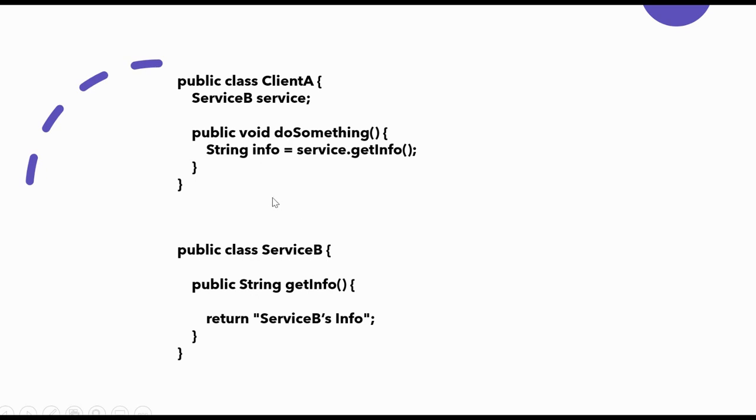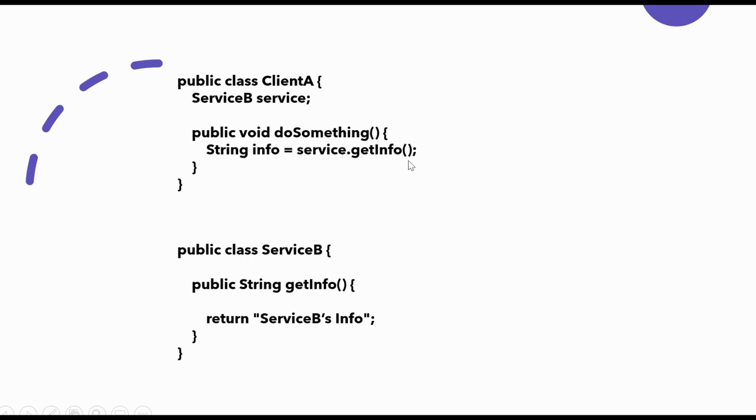What I'm saying is, if you want to call the getInfo method in your doSomething method in class Client A, you need to create an object of the Service B class, so that you can call the getInfo method.